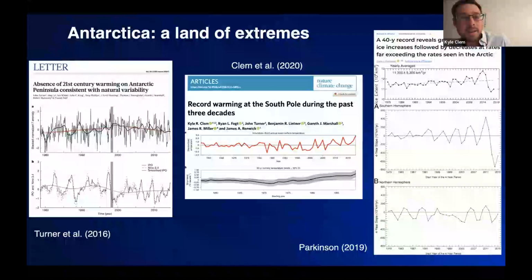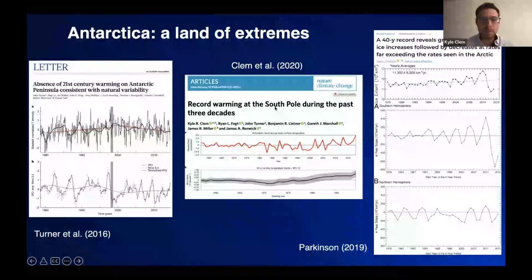So Antarctica, a land of extremes, it seems, and it covers multiple timescales. A lot of my work as a grad student was on interannual variability, and then this shifted to multi-decadal variability, some of which is highlighted here.